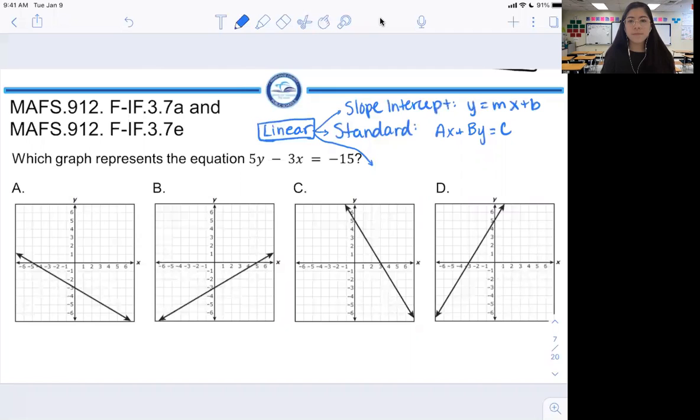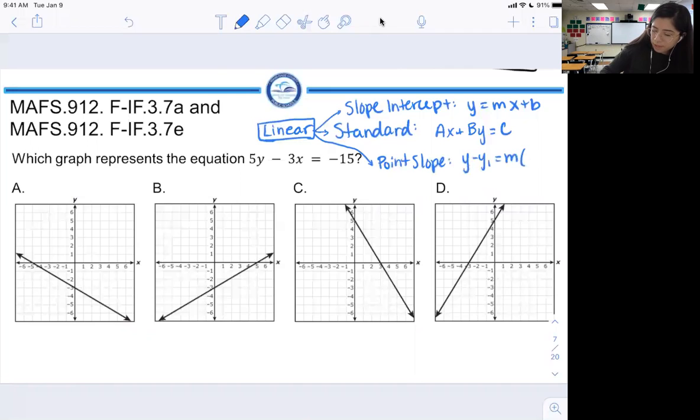It starts with a P. Point-slope. Good. And that one is y minus y1 equals m times x minus x1. Okay. So there's 3 forms.